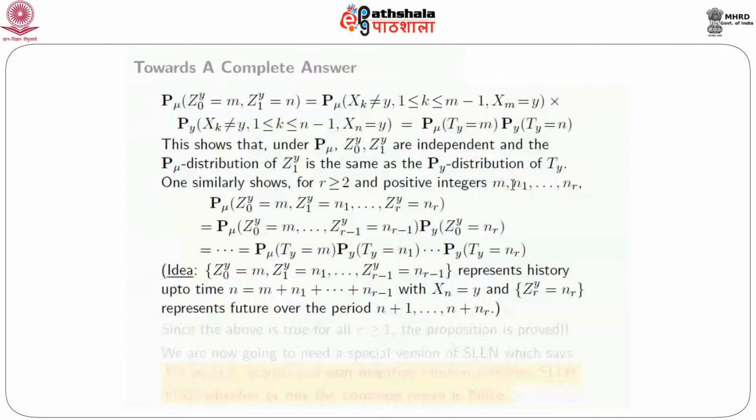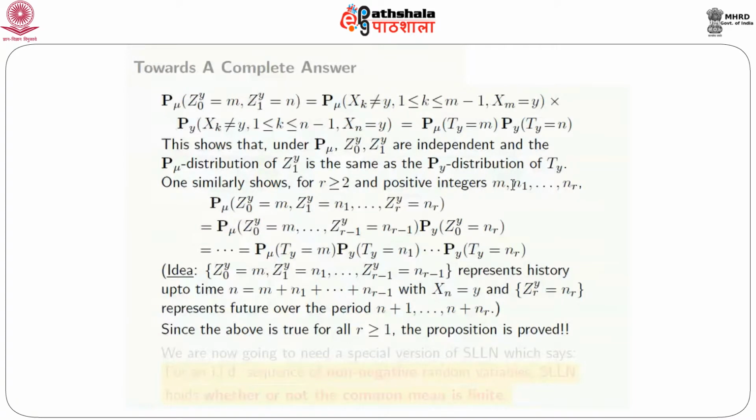And the other part of the event, the one that is left out, Z_r^y equal to n_r, represents the future over the period n plus 1 onwards up to n plus n_r. So then you know how to use the Markov property, etc. So since this factorization is true for all r greater than or equal to 1, the proposition is proved.